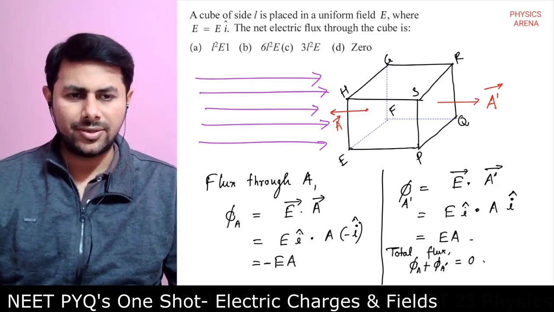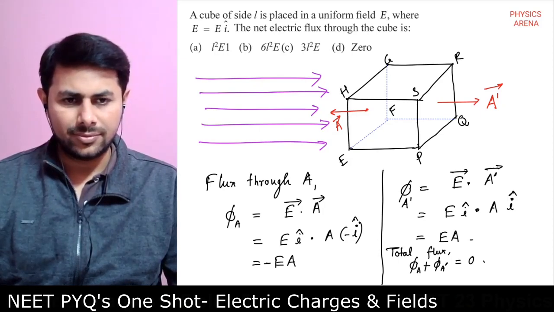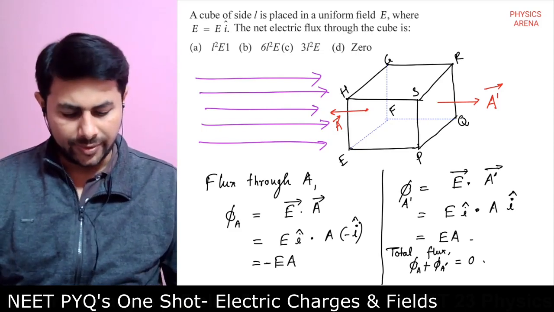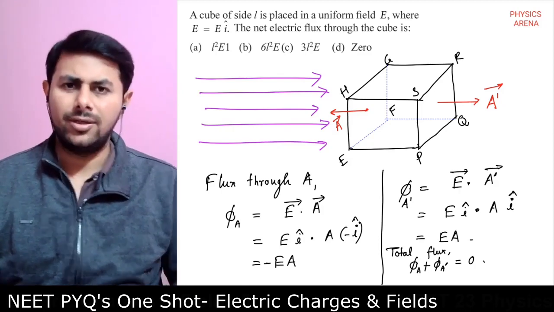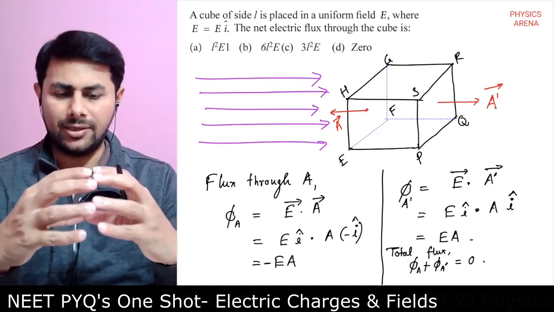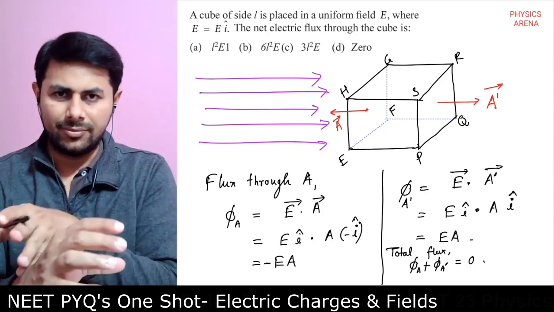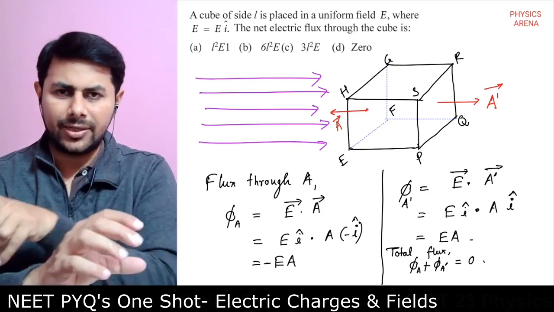Okay, got it? Yes, no? All right. Another way to think about this is the geometrical picture. You have some closed surface. Electric field lines are entering that surface, and there is no charge inside that surface.